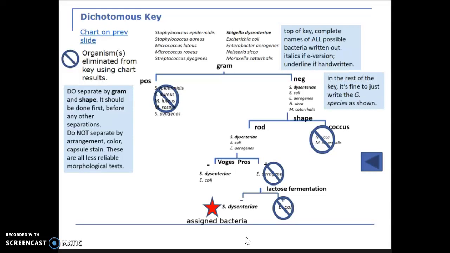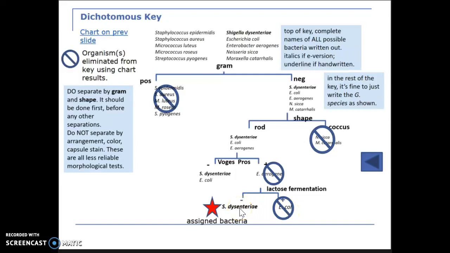What we often request is a confirmation test. The confirmation test is an additional test that you carry out and you put on your chart. It's a test that should give different results between your last remaining organisms. I mean, you're only at the last step when you have your assigned organism all by itself, ideally against one other organism.